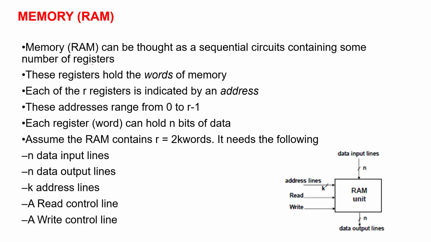Memory used as RAM can be thought of as a sequential circuit containing some number of registers. In digital electronics we generally talk about combinational circuits and sequential circuits. Sequential circuit means the output depends upon the present input as well as past output, so it must have some memory.